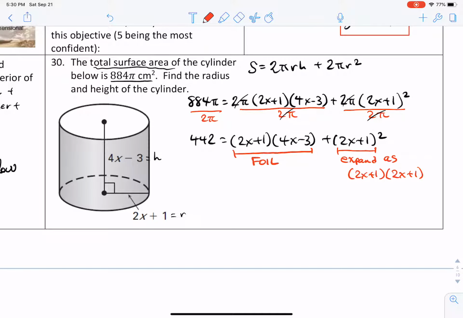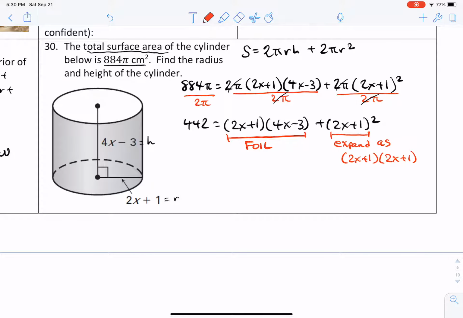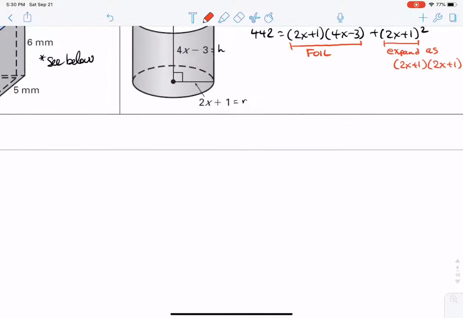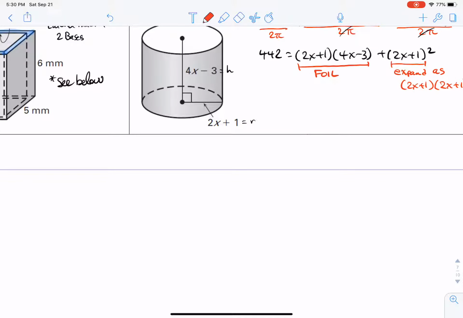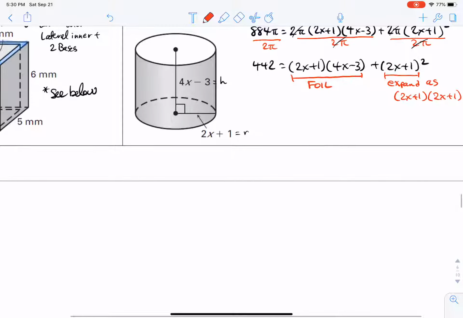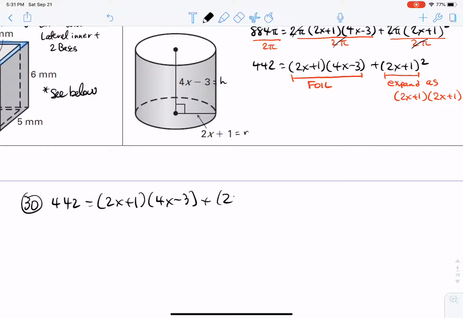All right, so I'm going to bring this down here so I can have a little bit more room. So we've got 442. Let's copy the problem down one more time. 2x plus 1, 4x minus 3, 2x plus 1 squared.